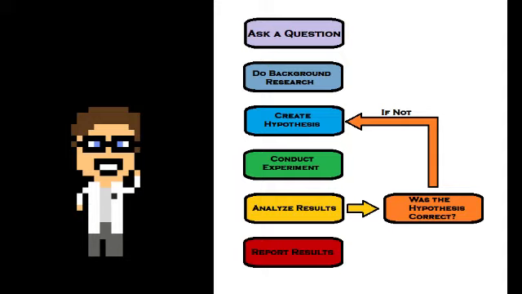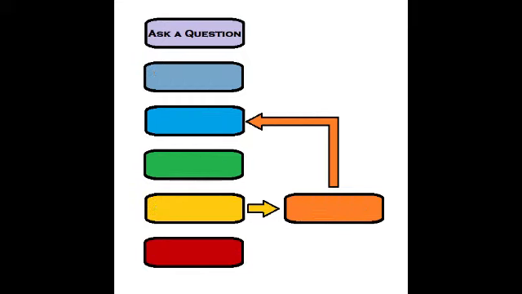There are many versions of the scientific method, so let's just use this very easy 6-step one that I've made. The first step is easy and it's something that you do all the time. Make an observation or ask a question. Then we take it a step further, do background research. We look to see if anyone has discovered anything that might help answer our question. Now we're ready for step 3, make a hypothesis.